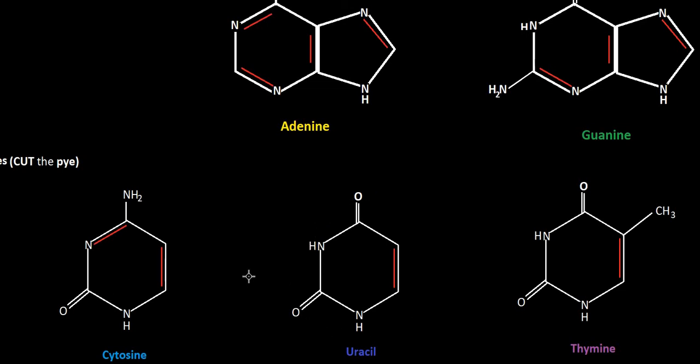And that's a problem because if uracil was found in DNA and you see a uracil, you wouldn't know if it's an original uracil or if it's a degraded cytosine. And so to get rid of this whole confusion, instead of uracil, you have thymine. And so there's no uracil in DNA, only adenine, guanine, cytosine, and thymine. But like I said, there is uracil in RNA, and there is no thymine in RNA.